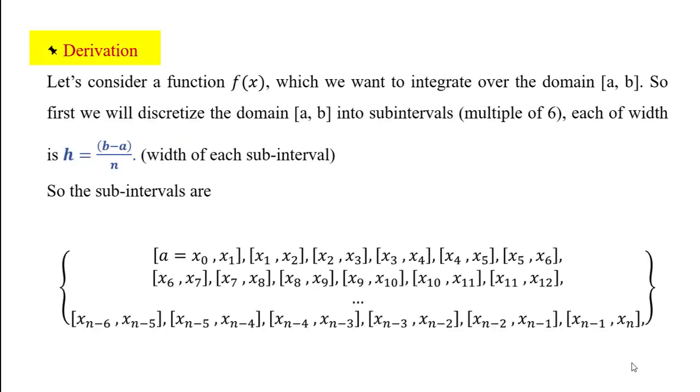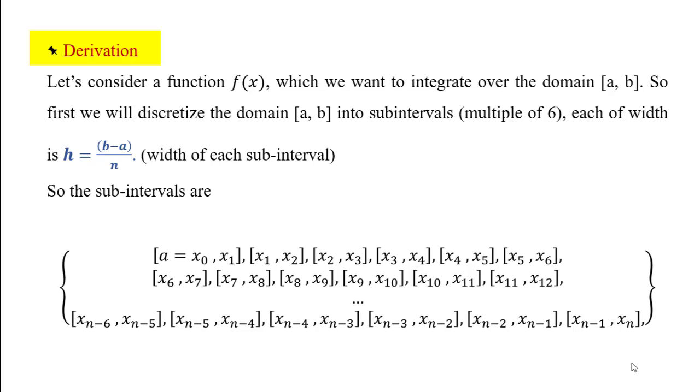Let us consider a function f of x, which we want to integrate over the domain AB. First of all, we will divide our interval AB into n subintervals, and n must be a multiple of 6.